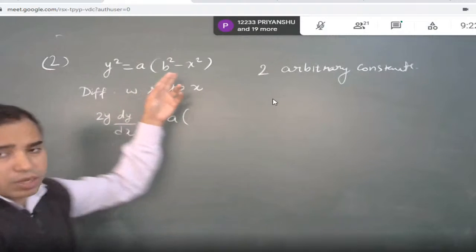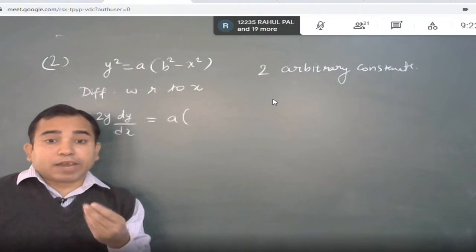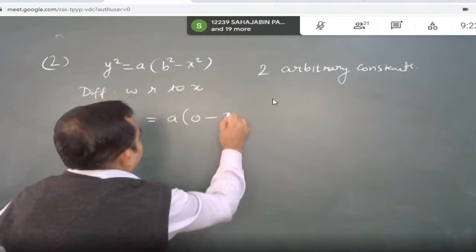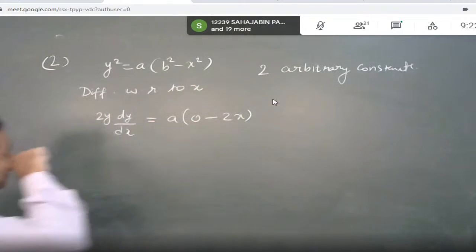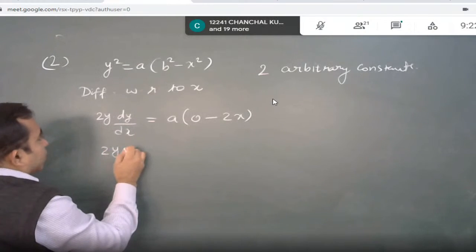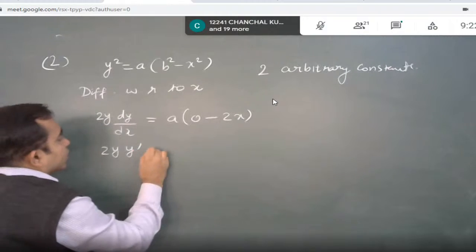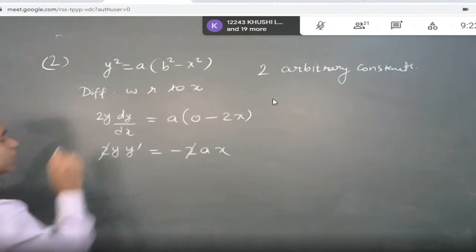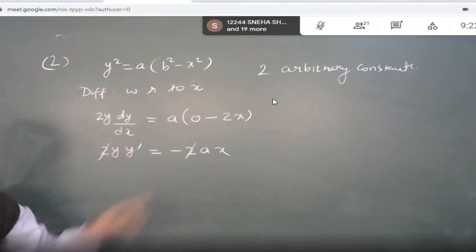B square differentiation, b is constant, its differentiation will be 0, minus x square differentiation 2x. Fine, good. So this becomes 2y dy upon dx, I will write y dash equals minus 2ax. 2 get cancelled. Is it my final differential equation?